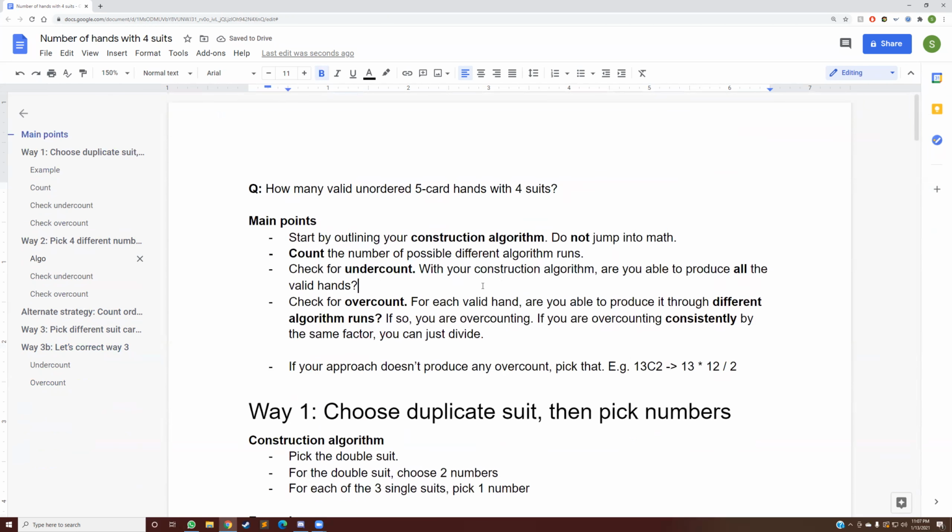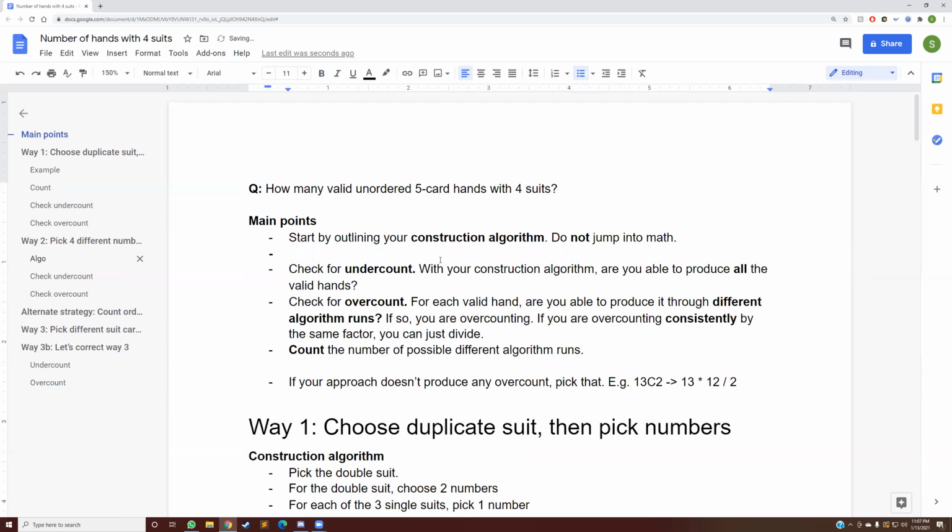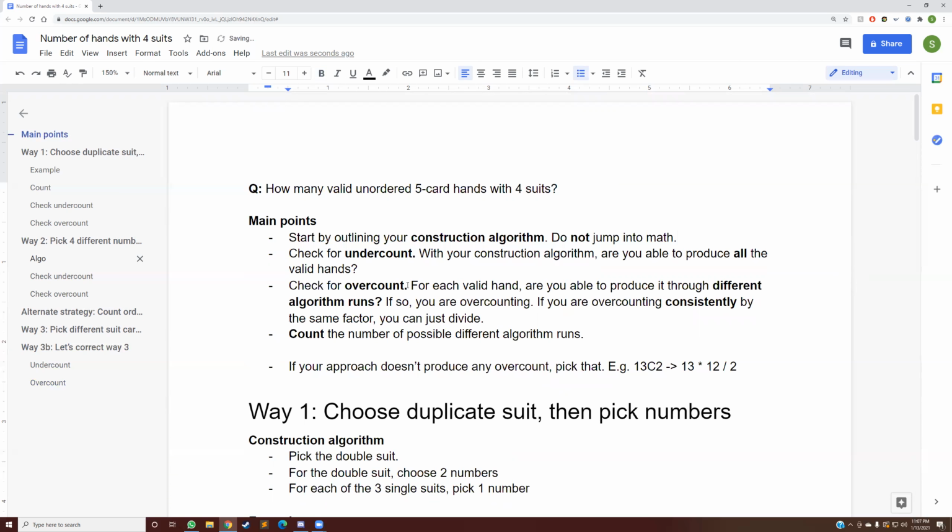Okay, recap. Whenever you have to count the number of valid hands, don't jump into math. Start by outlining your construction algorithm. And I would count last, actually. Then you have to check for undercount and you check for overcount.